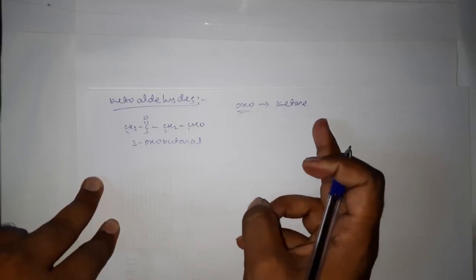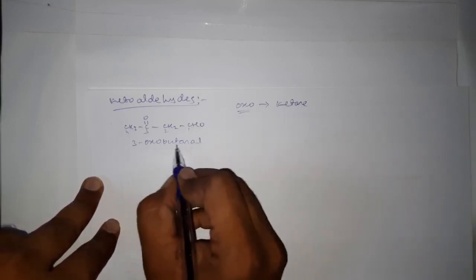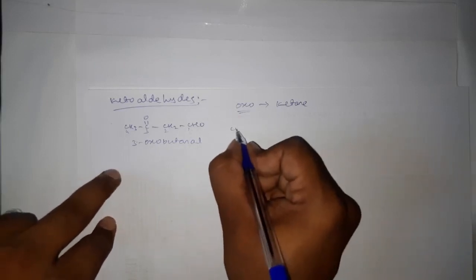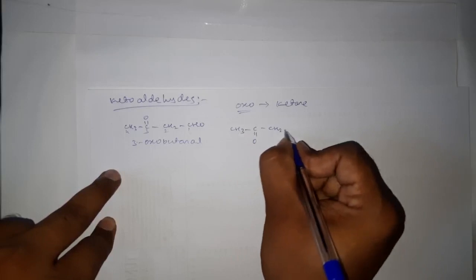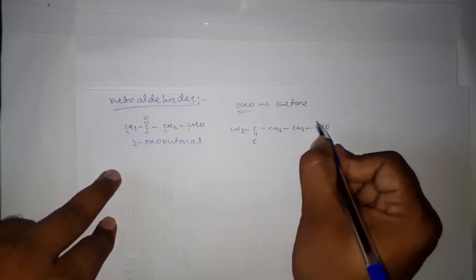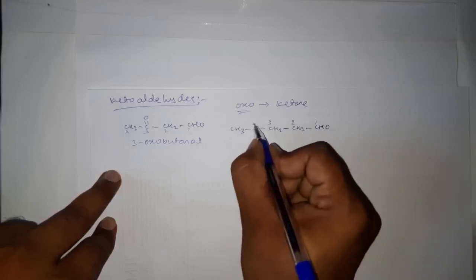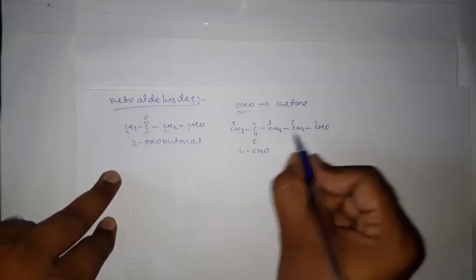After replacing E and adding AL to the aldehyde, we will get butanal, 3-oxo-butanal. Take another one, CH3, C double bond O, CH2, CH2, CHO. Here we have to start numbering from this 1, 2, 3, 4, 5. 4-oxo-pentanal.